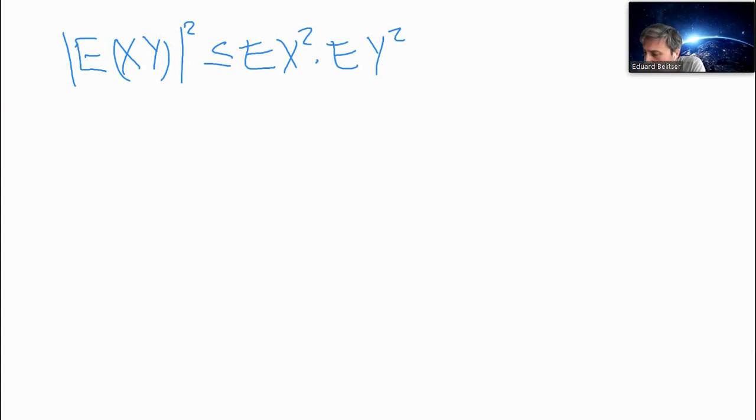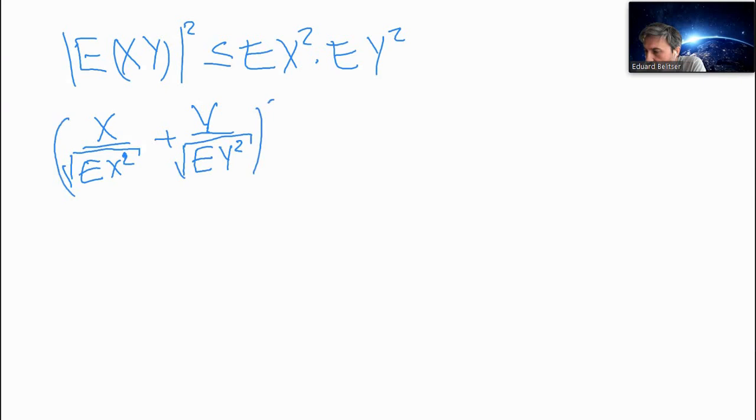You could prove that as follows. Take x divided by the square root of the expectation of x squared, plus y divided by the square root of the expectation of y squared. Then you square that and take the expectation.